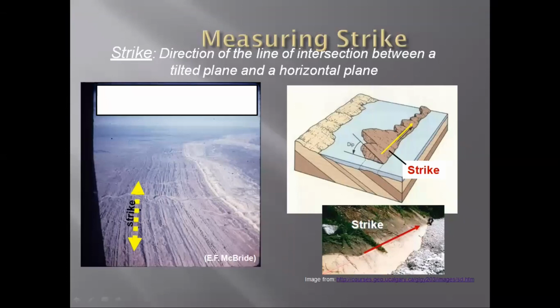Here we have an aerial photo, and you will see that we have these features, and they are oriented like this. Anywhere the rock is extending itself, you can see that this rock is extending in this direction. It is not extending in this direction.